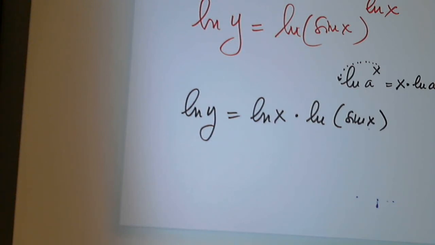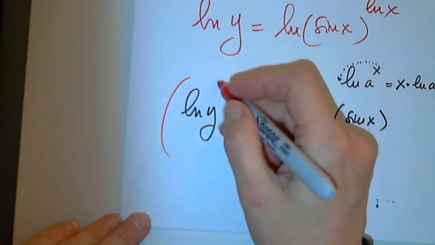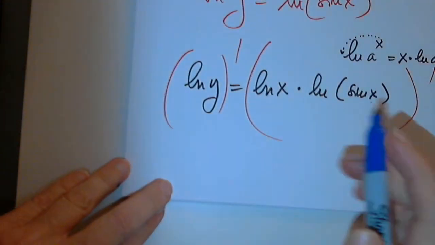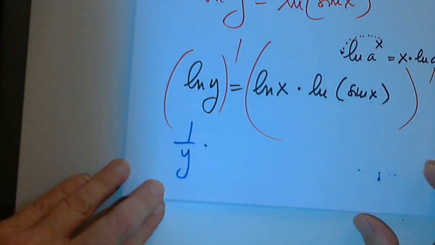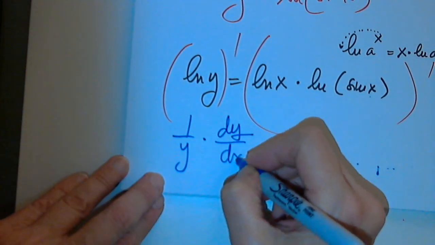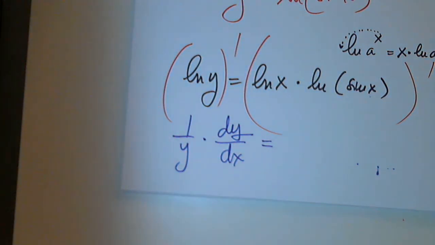Our second best friend is implicit differentiation. The left-hand side now is something we just learned today. How do I differentiate natural log of a function? 1 over the function times, yes, but I have to write it as dy over dx. I don't have to, but please write it as dy over dx.